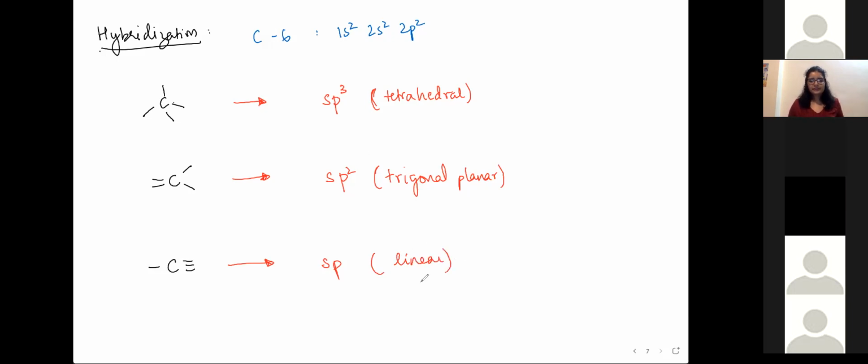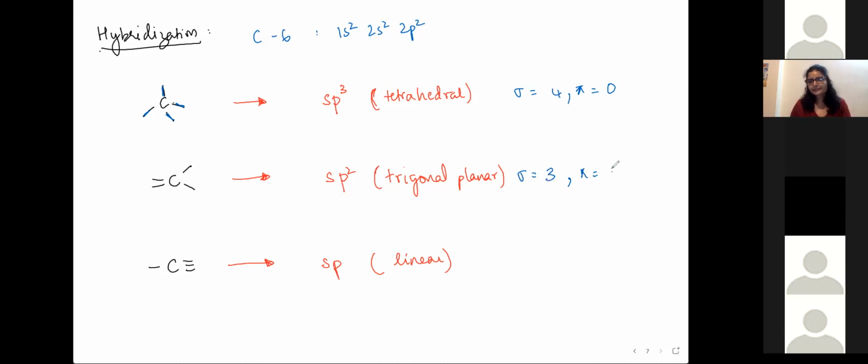Okay, so these are like the basics. Now let's get in slightly deep. How many sigma bonds does it form? How many pi bonds does it form in this case? 4 sigma bonds, 0 pi bonds. That is correct. So all the single bonds are going to be sigma bonds. In this case, Arnav, how many sigma bonds and how many pi bonds? 3 sigma bonds, 1 pi bond.